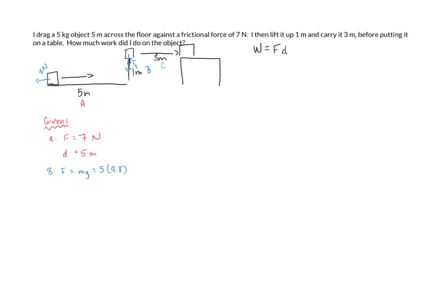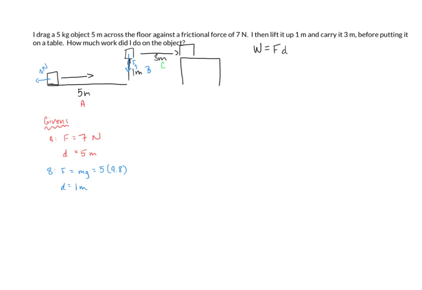Here my force is positive because I'm lifting it against the force of gravity. Gravity is down and my applied force is up. I also know that the distance the object travels in section B is 1 meter.